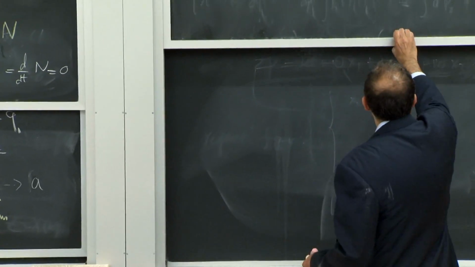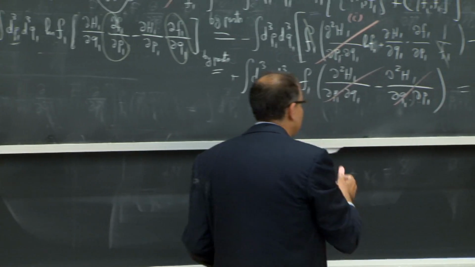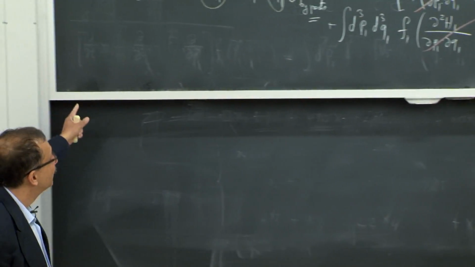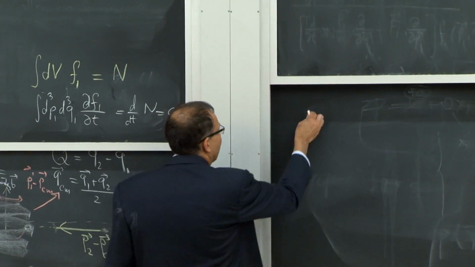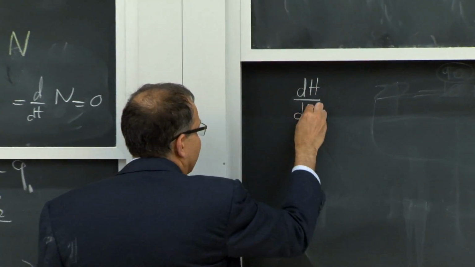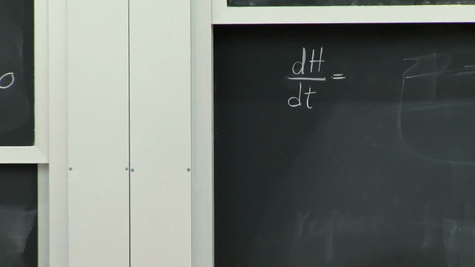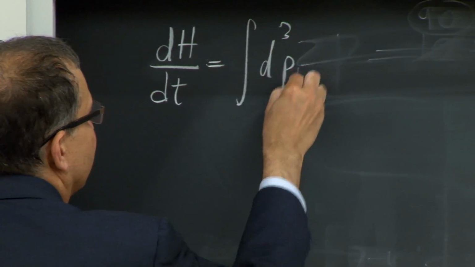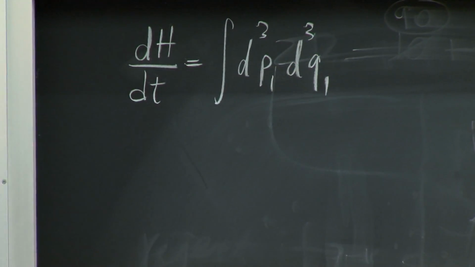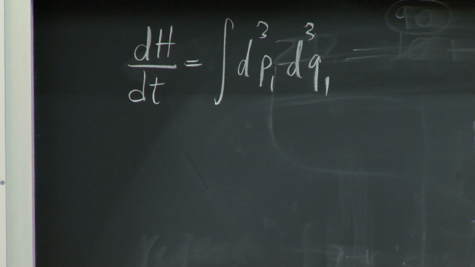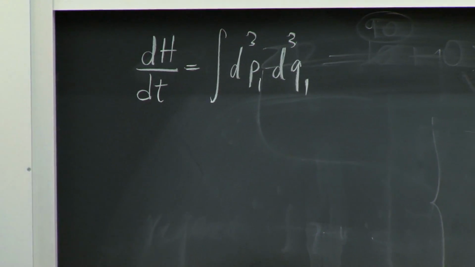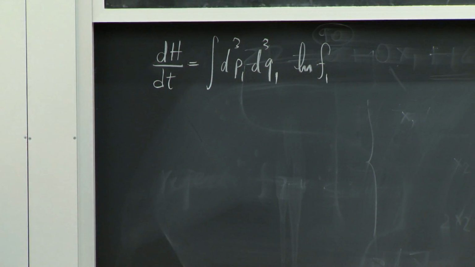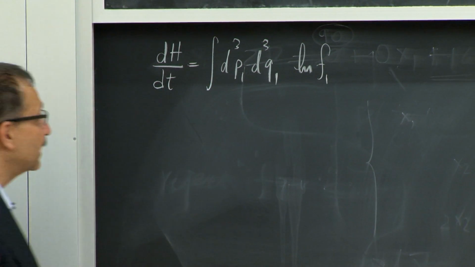Now, for the second term, number 2, what I have essentially is the first term vanished. So I have dH by dt is the integral over p1 and q1. I have log of f1. Now, f1 is a function of p1 and q1 and t.